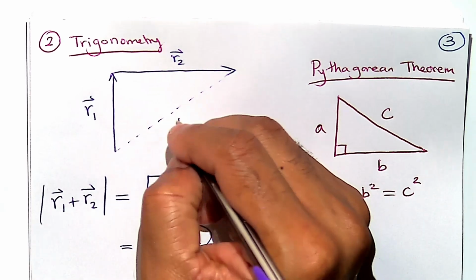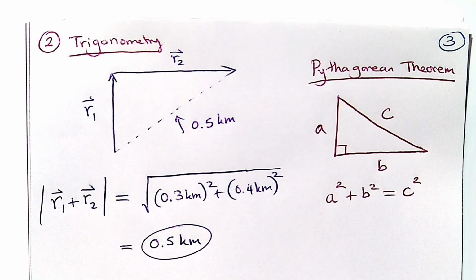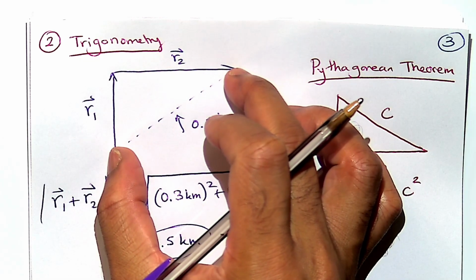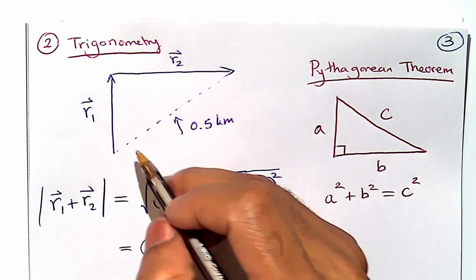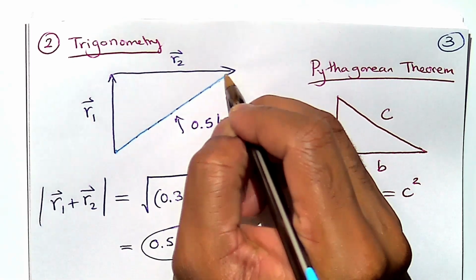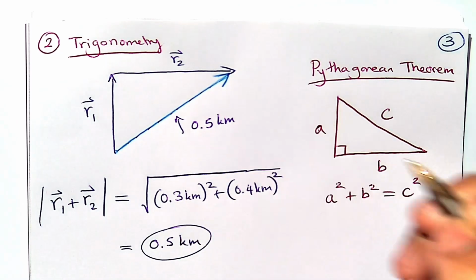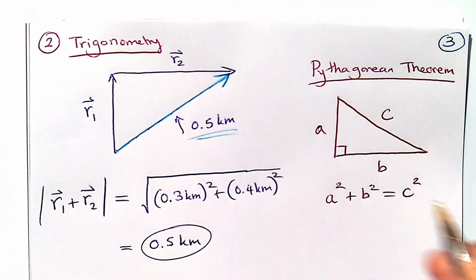That side of this triangle is 0.5 kilometers in length. When we say the magnitude, it's the length of this vector, and that's 0.5 kilometers. This is still a vector because we start here, we end here. And a vector has to have a direction too, and we haven't really said what the direction is. We have only found what the magnitude is.